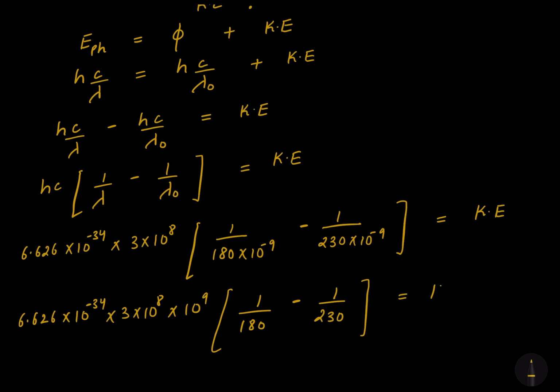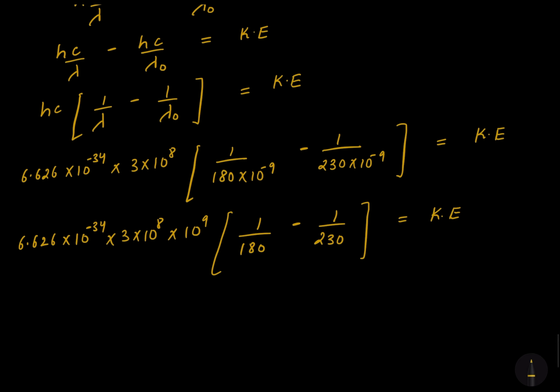It is equal to the kinetic energy. So here, after evaluation, the kinetic energy of electron comes out to be 2.4 into 10 raised to the power minus 19 joules. So this is the kinetic energy of the electron that has been emitted when a photon strikes the metal surface.